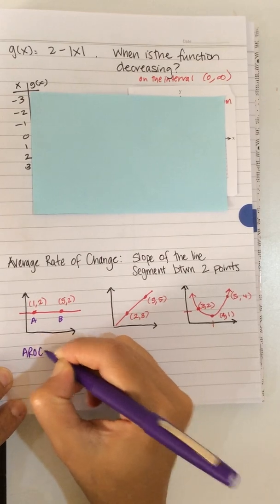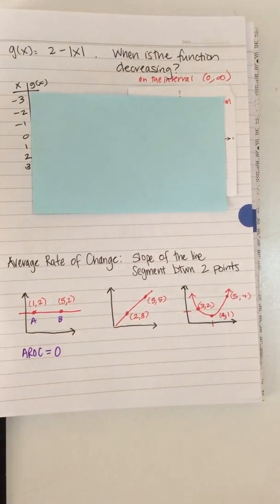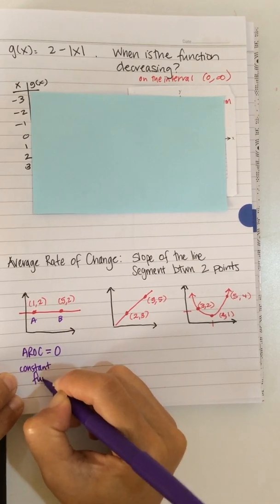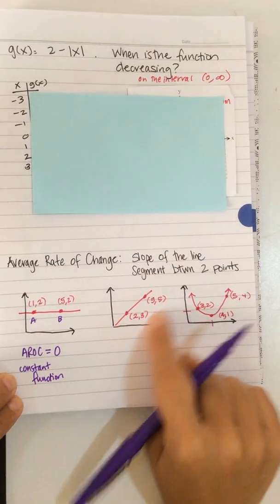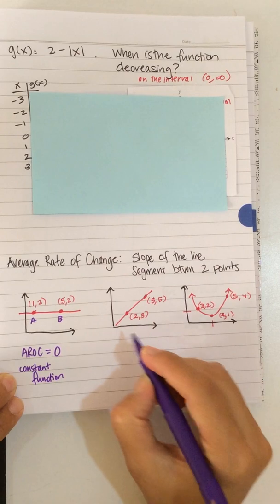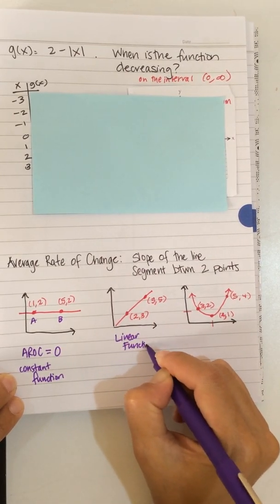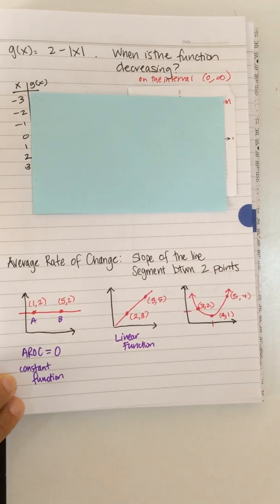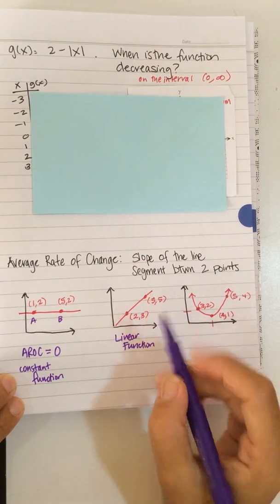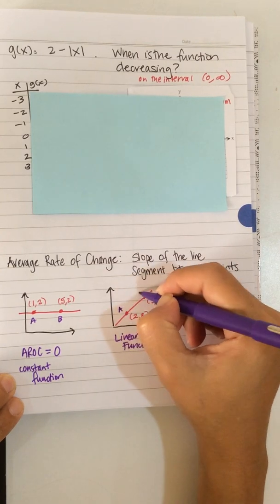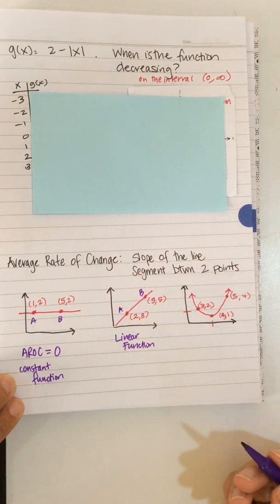I'm just going to abbreviate that: it's a constant function. And what about this? This is, hopefully you remember, a linear function, y equals mx plus b. That's not going to go away. If I have to find the average rate of change, how this function is changing between points A and B, I just need to find the slope.